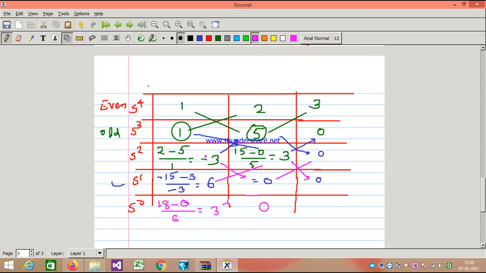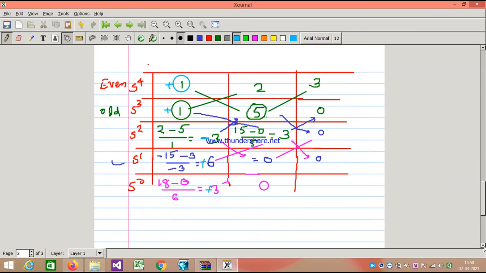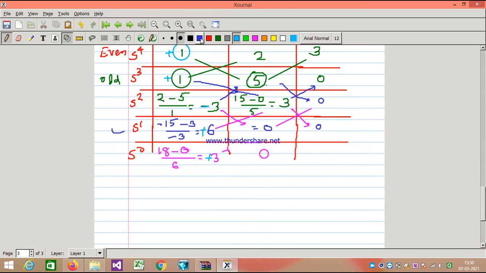So how many coefficients do we get? We get 1, that is positive 1. Then this is positive, this is negative, this is positive again, and this is again positive. See, the sign changes here. Just focus: we are focusing only on the first column, right?